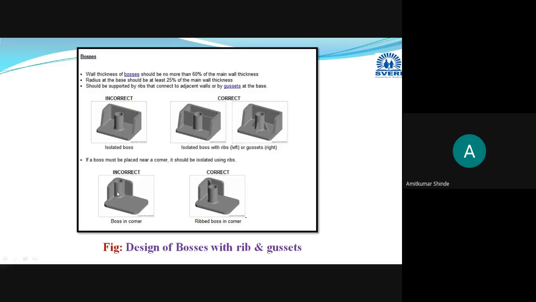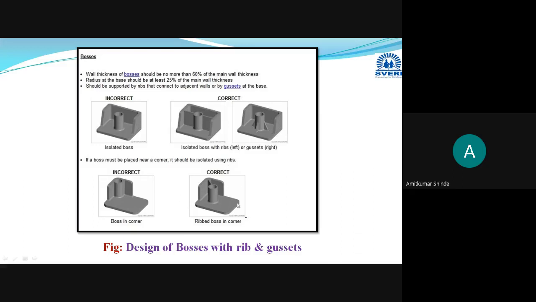Then whenever you are placing this boss away from the wall. Okay, this boss is away from the wall. And suppose you are using the boss very near to the wall, then you should not design in this way. It should be used with the help of this design.